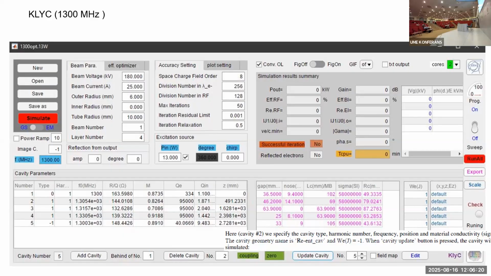And okay, what we do now, you can add cavity pressing this one. You can delete some cavities in here by giving the number. And this is the most one. If you don't make an update, it's no problem.